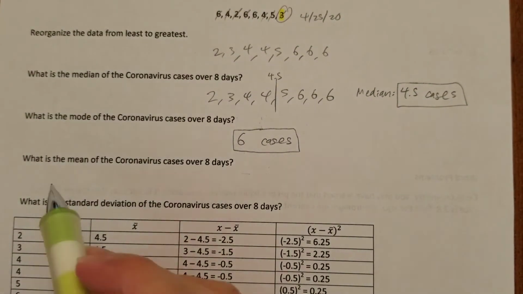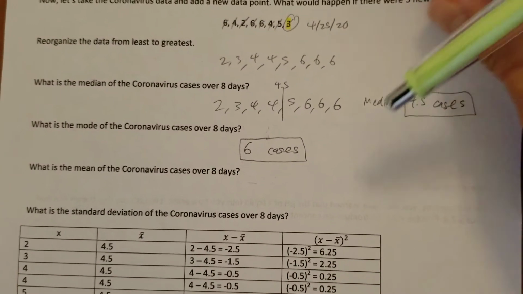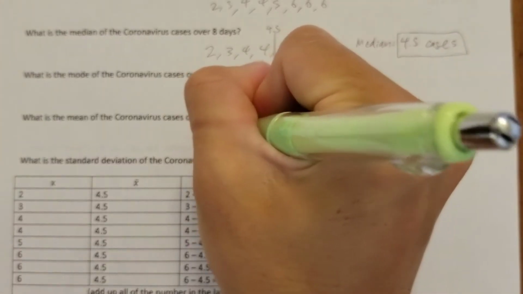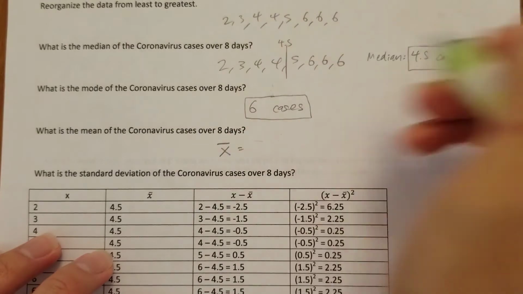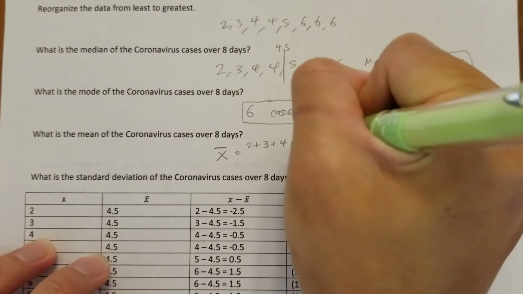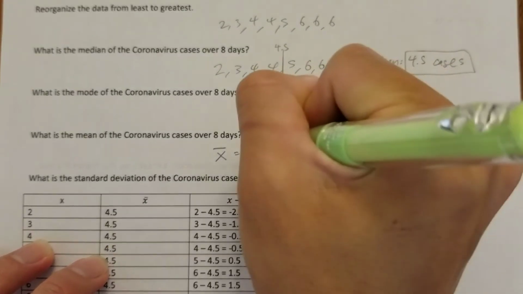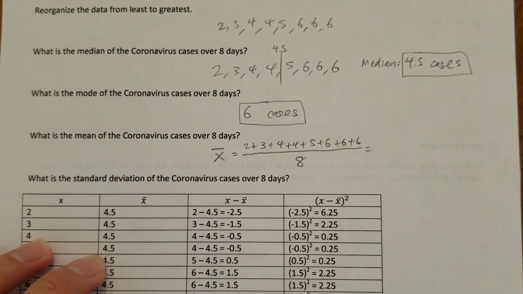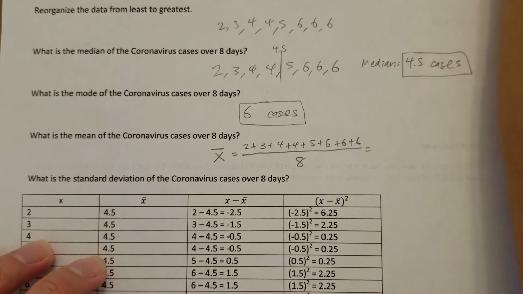What is the mean of the coronavirus cases over 8 days? If you know how to find the mean, it is found by taking all your data. That's the average, right? 2 plus 3 plus 4 plus 4 plus 5 plus 6 plus 6 plus 6, divided by 8 days.